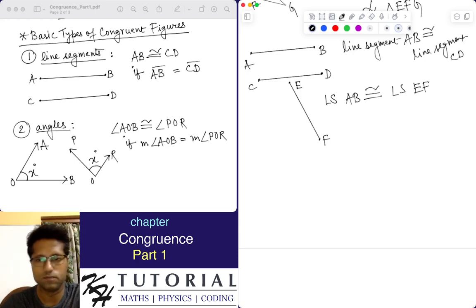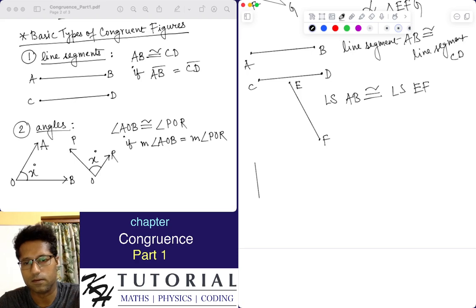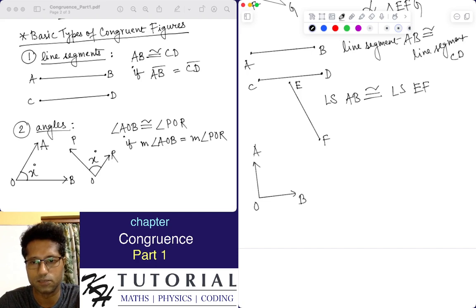So let's say I have this angle, this angle AOB, and let's say this be 90 degree. Now I have another angle, let's say this be POR. This is also 90 degree.